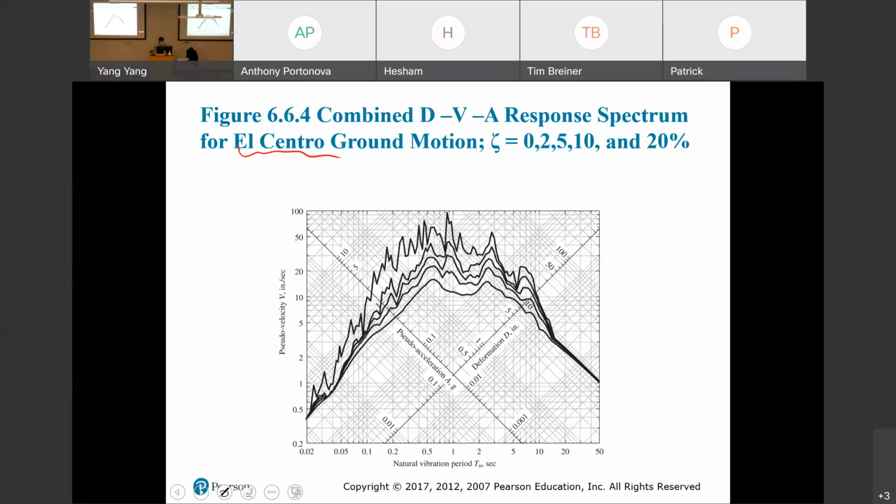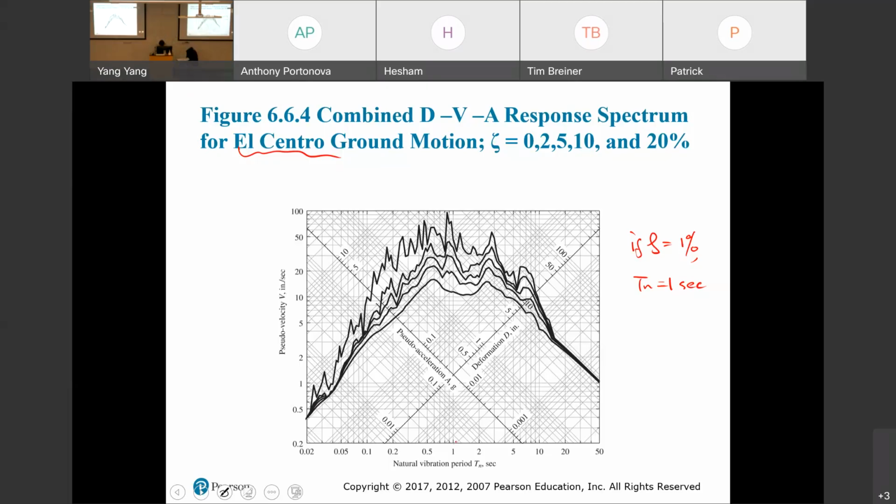Right? So typically, when you use the response spectrum, if the damping ratio is given to you equal to 1%, and if the natural period is equal to 1 second, we should be able to use the response spectrum here to quickly tell the maximum displacement of your structure without any calculation.